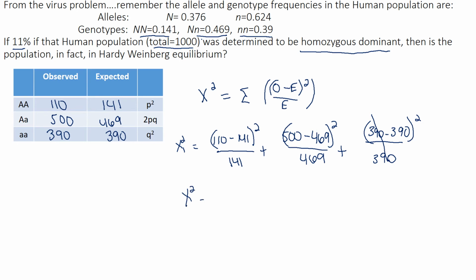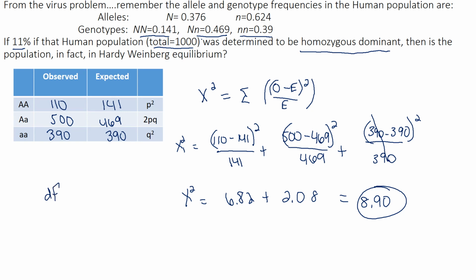That's 0 over a number, and that's not going to give you anything. So then you just calculate these out. So chi-square is going to equal 6.82 plus 2.08, which is equal to 8.90. So that's your chi-square number.